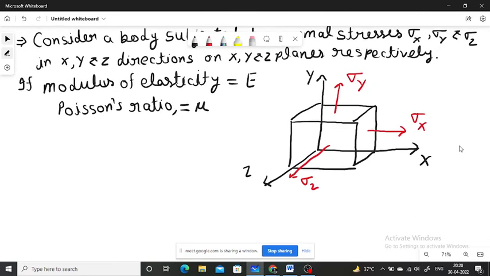Here the plane which is perpendicular to the x axis is known as x plane. Remember this point.